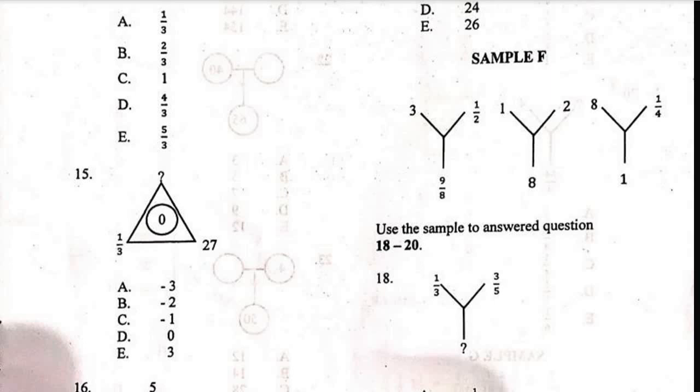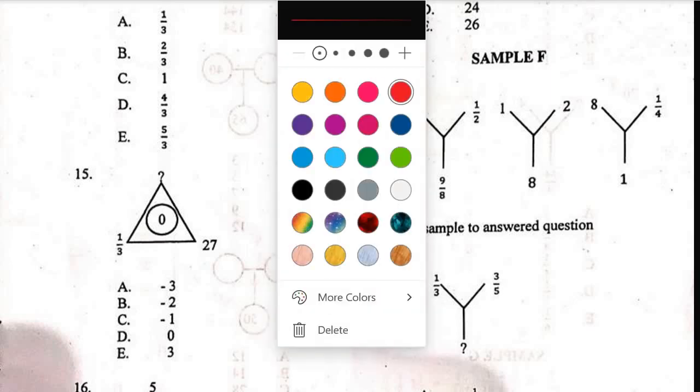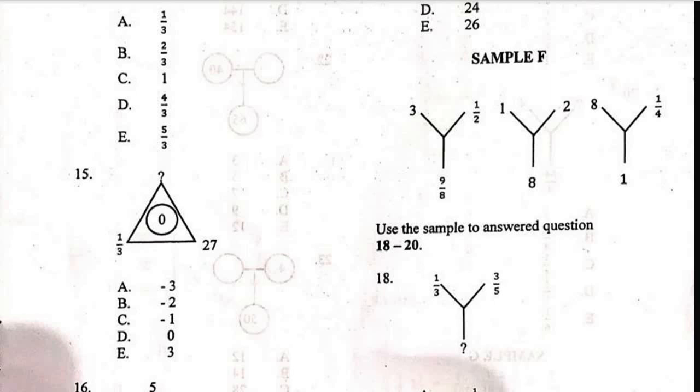Now, reasoning is an important aspect of mathematics, and for quantitative aptitude, I want you to note that you can always use one of your symbols, like either the addition, subtraction, multiplication, or division to crack the sample, like what we have here in sample F, which is where we are starting from.